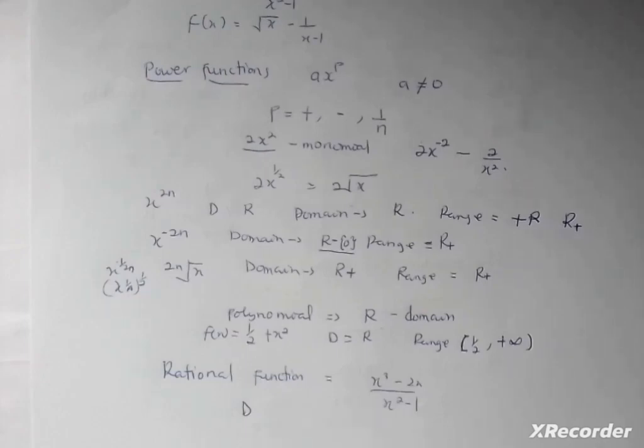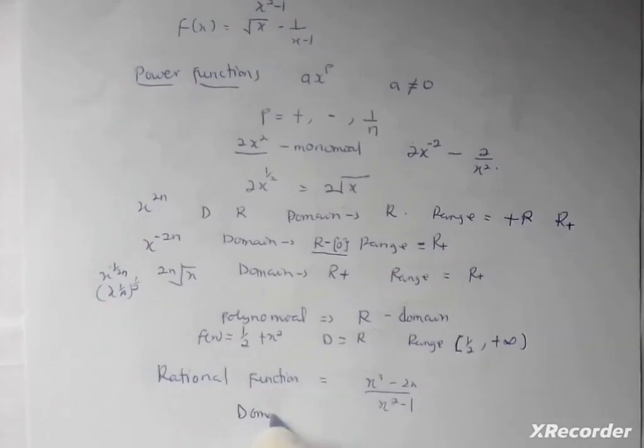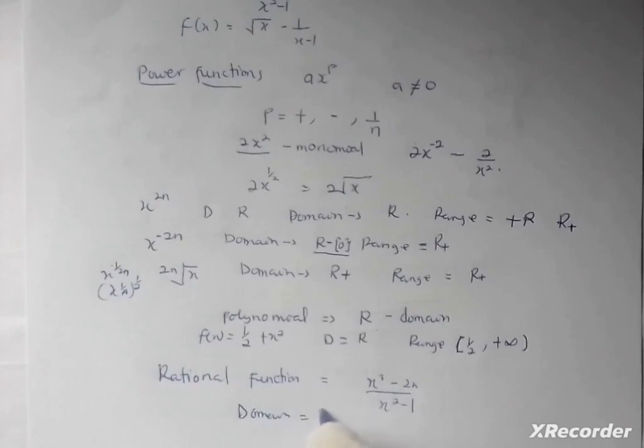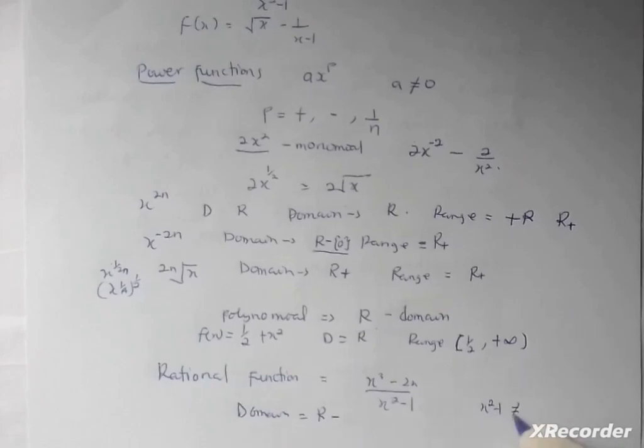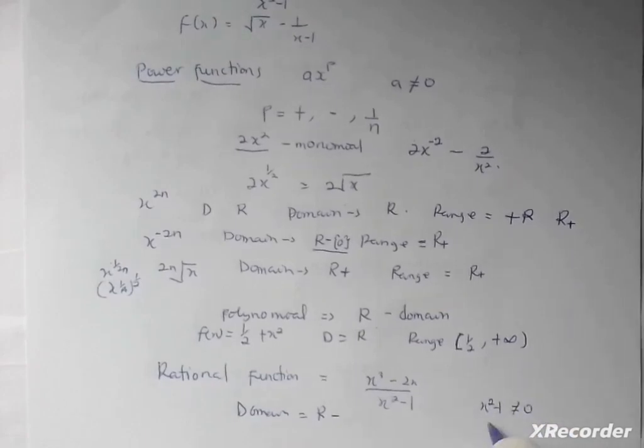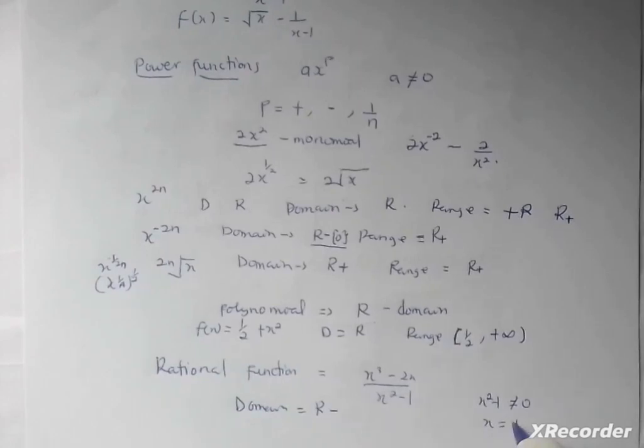Hence, I'm going to eliminate any number that will make this undefined. So my domain is simply all real numbers minus, then we solve for the values. So if I have x squared minus 1, it shouldn't be equal to 0. So therefore, I'm going to have x is equal to plus or minus 1.